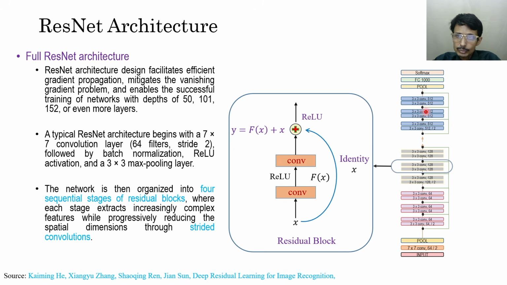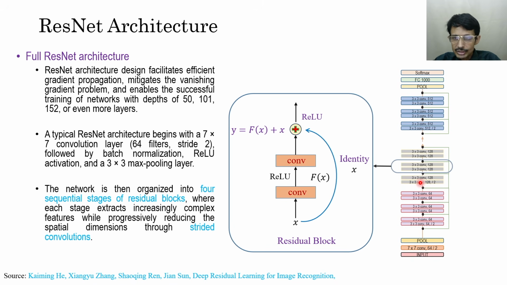Even if it's 50 layers, this deep connection gives efficient gradient propagation, from here to here. That is the basic advantage of skip connection. Not only that, there is feature reusability: these features live here, also here, also here. In this way, feature reusability is there.